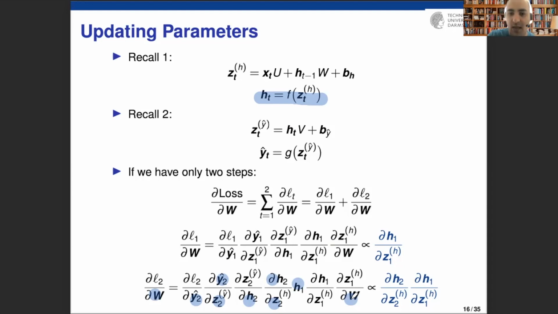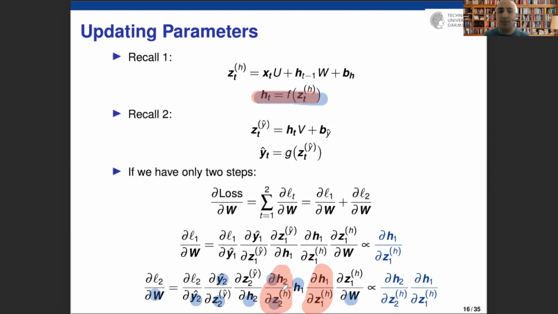So again, if we only look at the gradient of this activation function here, which is this part and this part, right? These two.